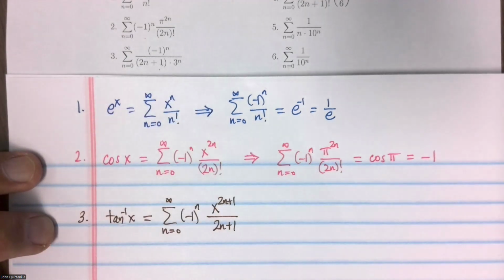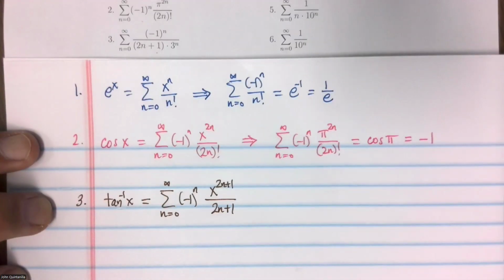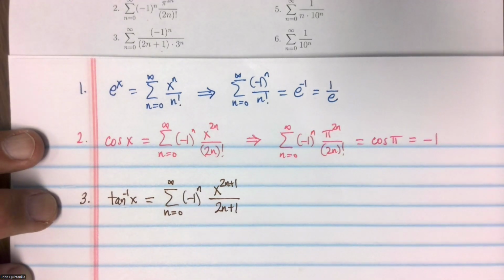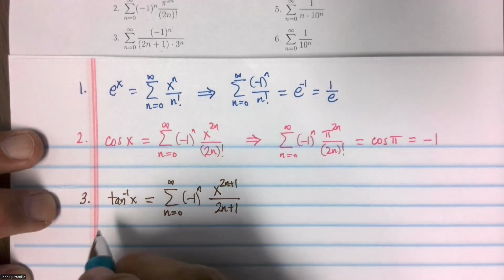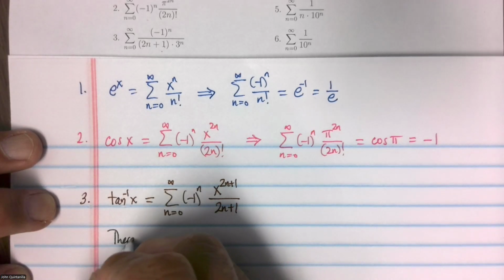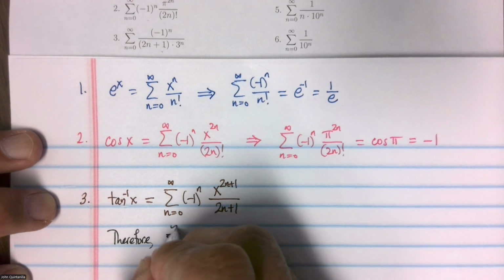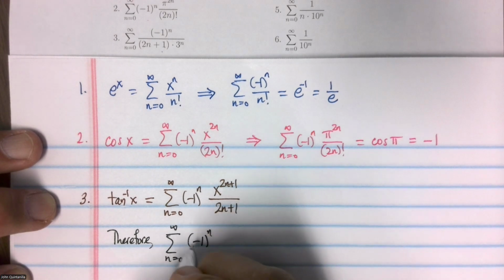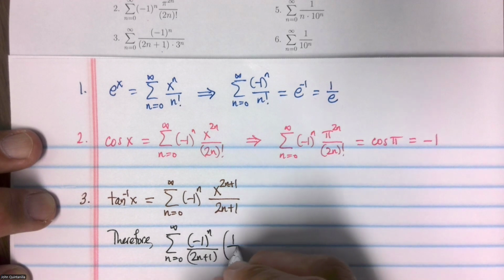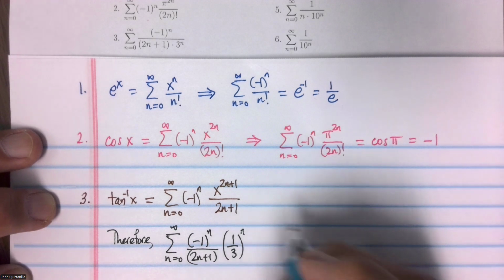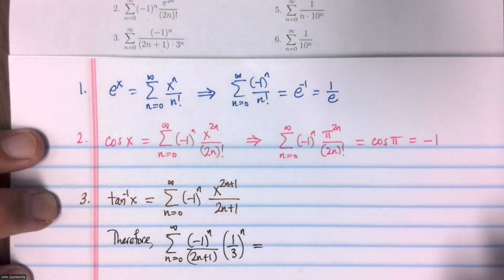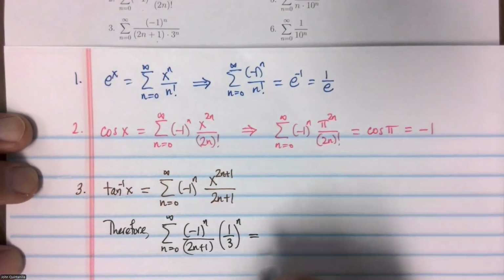So with this as my reference, let's now take a look at the original series here. So therefore, the summation n equals 0 to infinity of (-1) to the n over 2n plus 1 times 1/3 to the n. Well, I can get a 2n here by taking square roots.